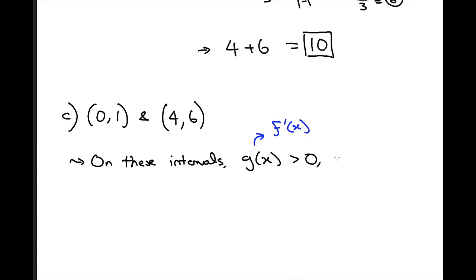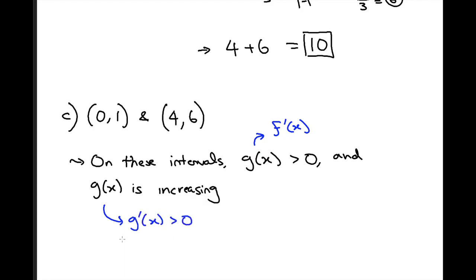And g of x is increasing, which implies that g prime of x is greater than 0, which implies that f double prime of x is greater than 0.